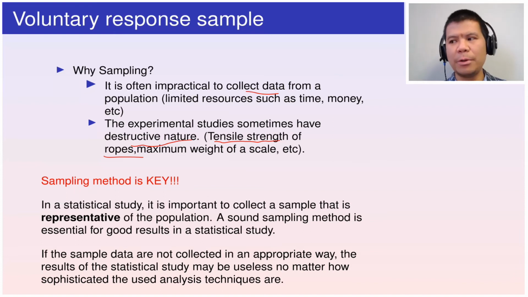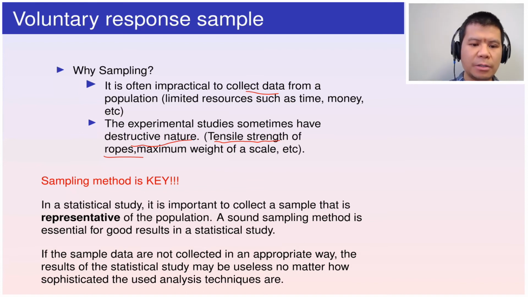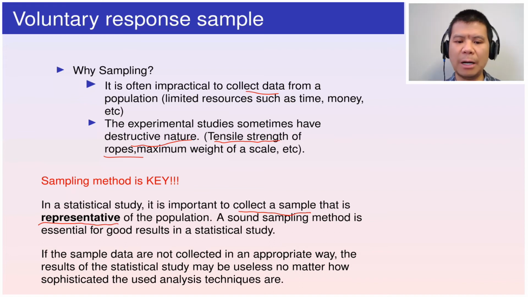Now, when we are doing sampling, you have to be careful. Carefully design or select your sampling method. It is really important. That's why we say in a statistical study, it is important to collect a sample that is representative of the population.